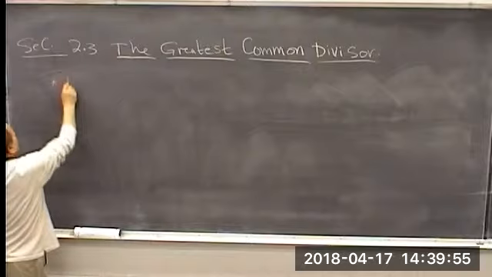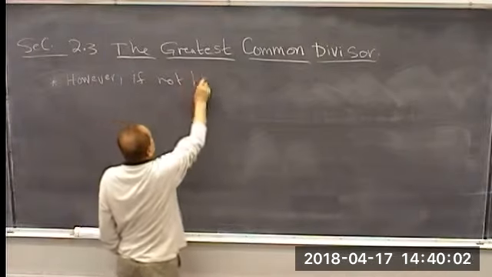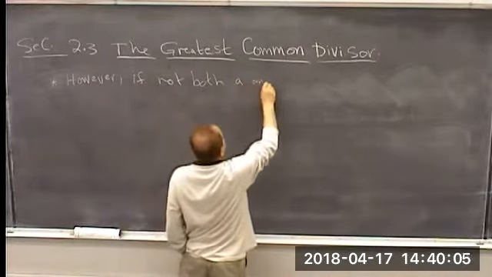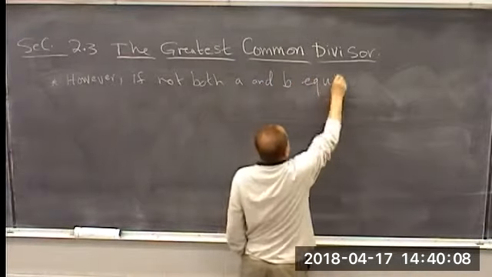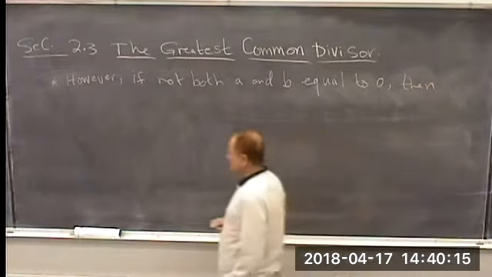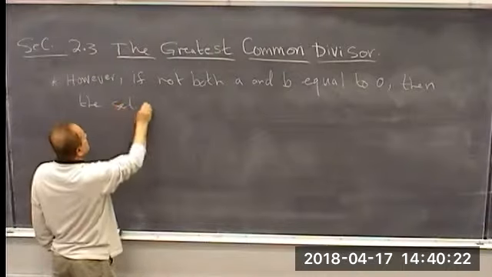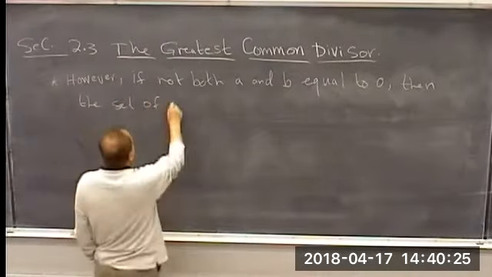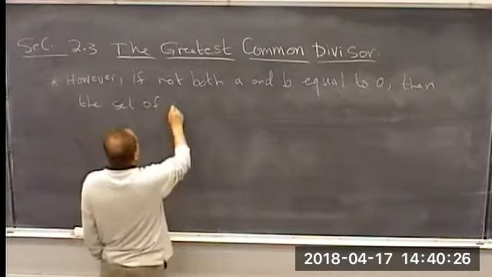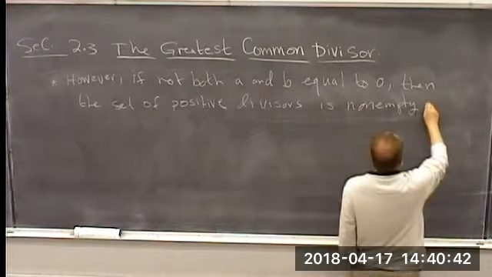However, if not both a and b are equal to 0, then the set of positive divisors, which is what we want to be interested in, is non-empty and finite.